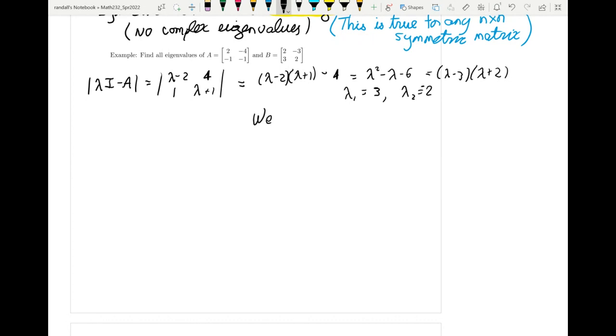Now in this case, let's introduce the term dominant eigenvalue. So we say in this case lambda 1 is the dominant eigenvalue. It's the largest one in absolute value, and it's also the largest because it's positive.